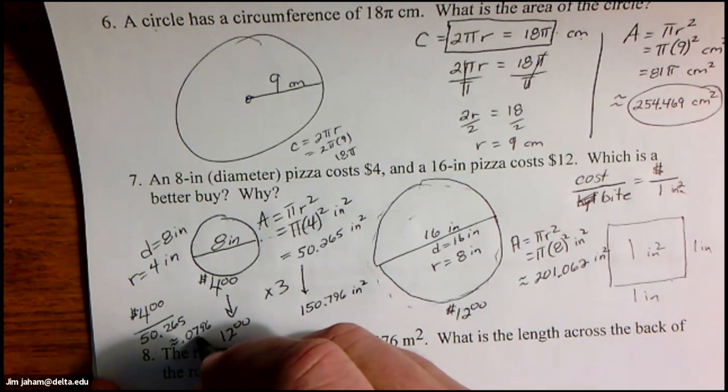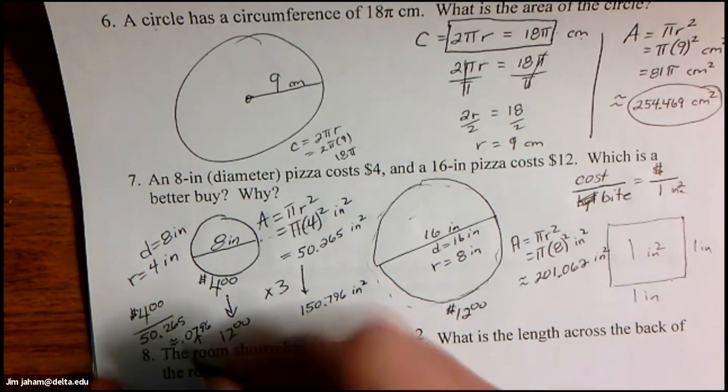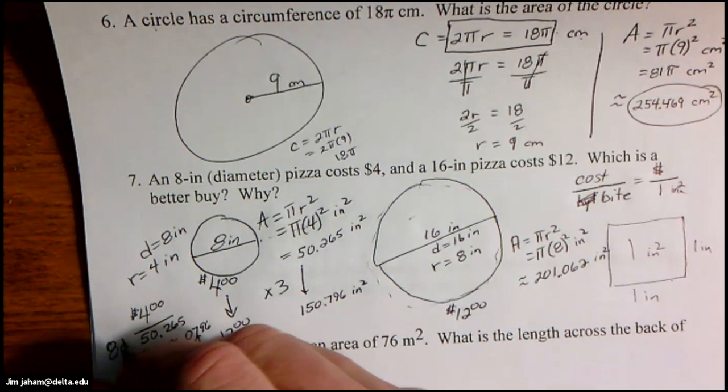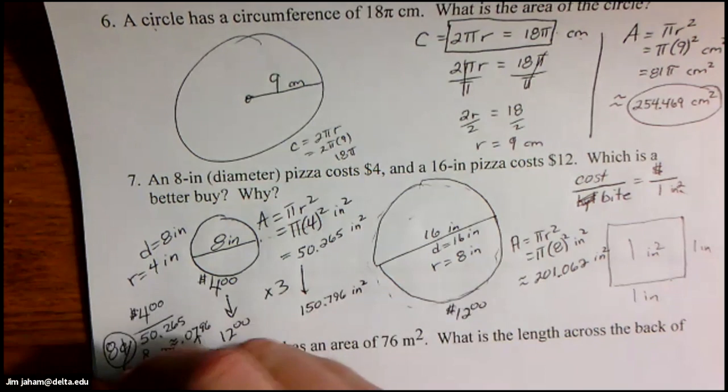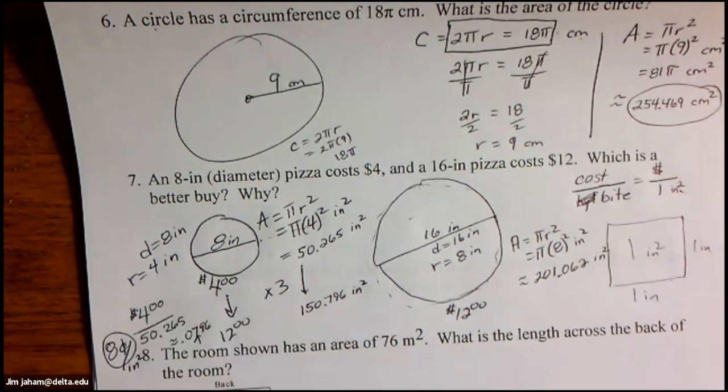So if we round it to right there, that's 0.08. So it's about 8 cents per square inch. So you can say about 8 cents per byte.